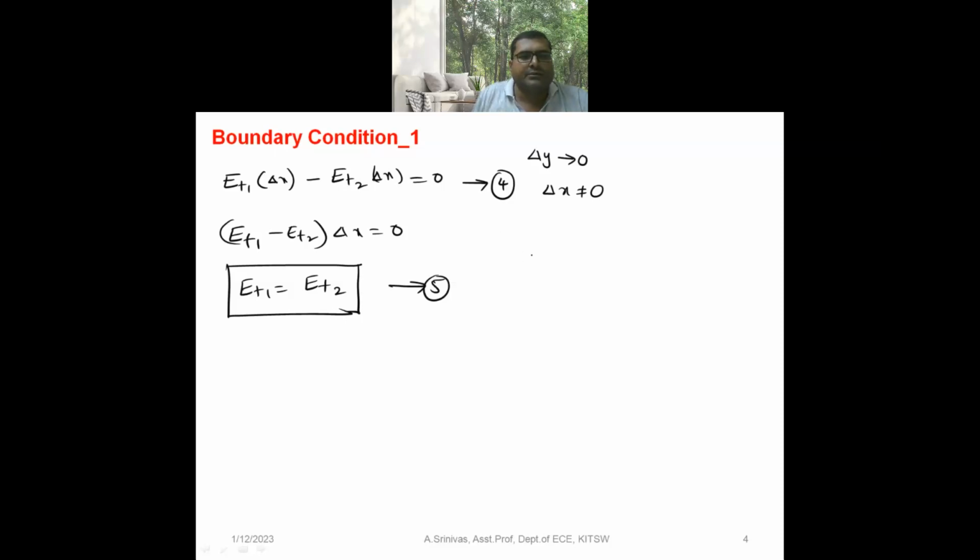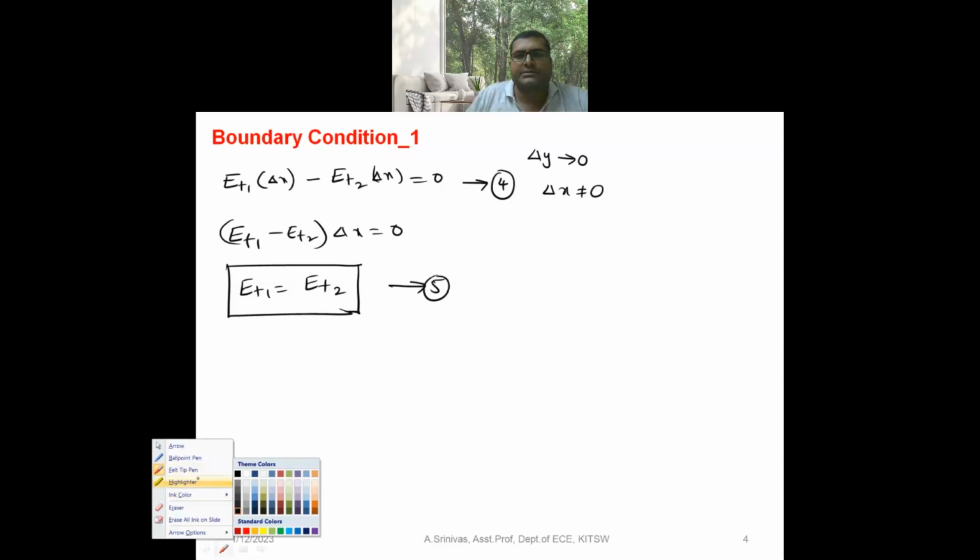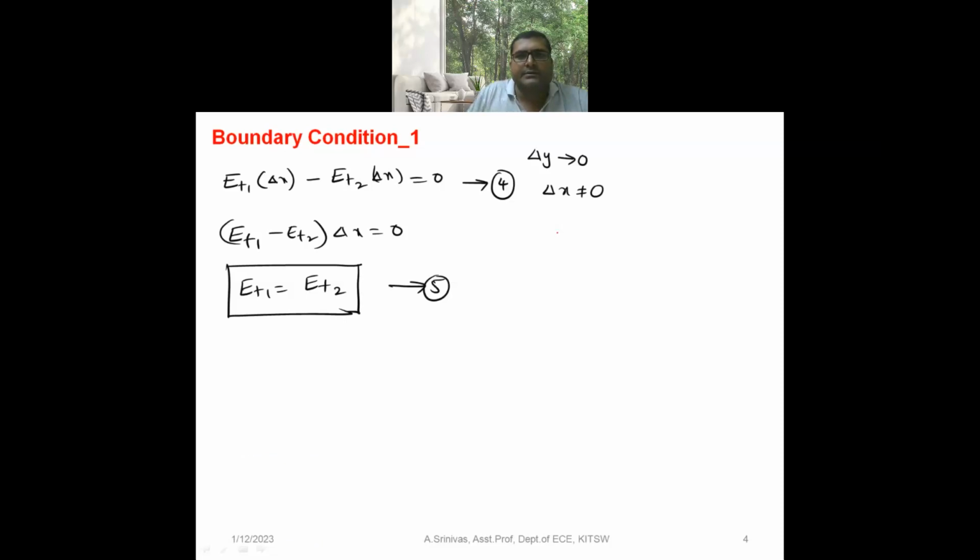And from the previous figure, you can write the equation sine theta 1 is equal to Et1 by E1.